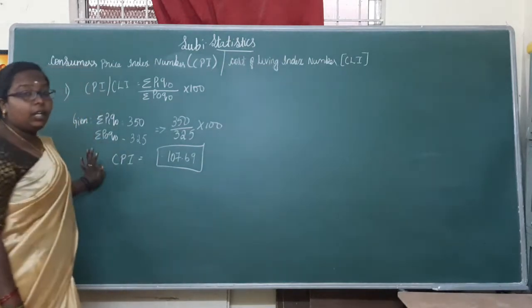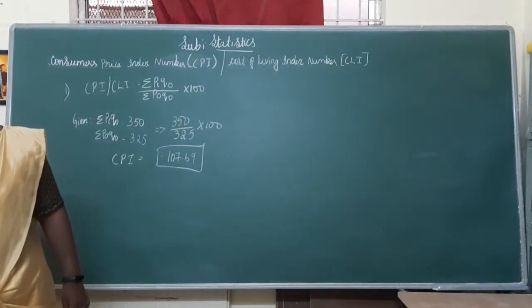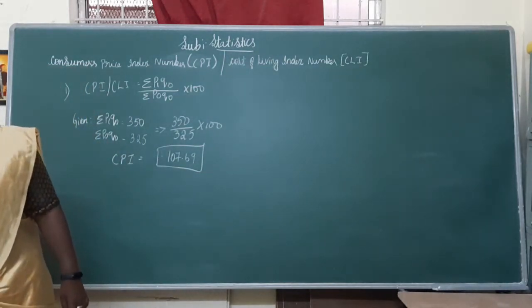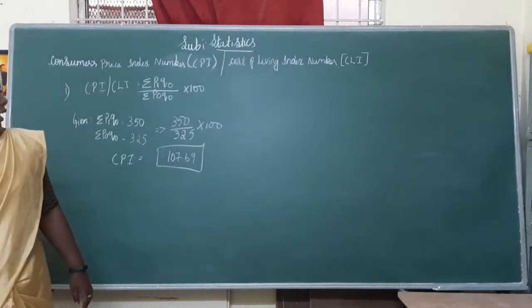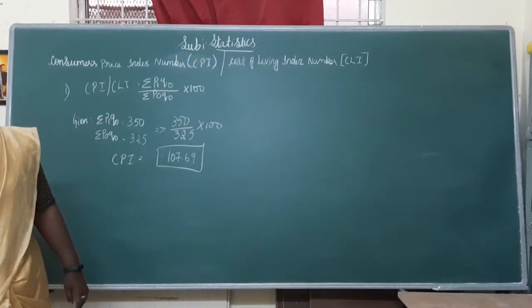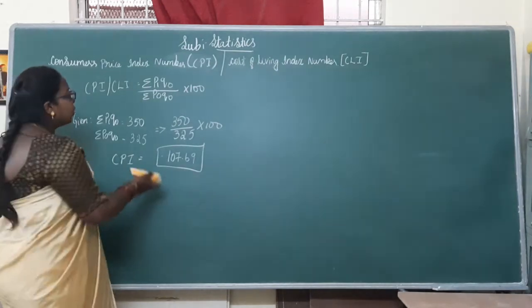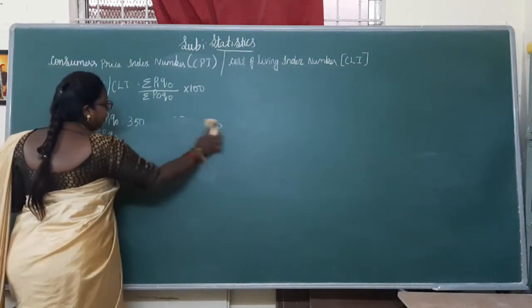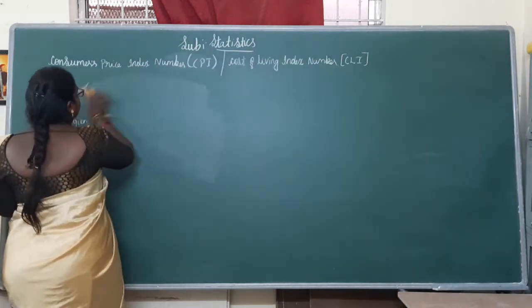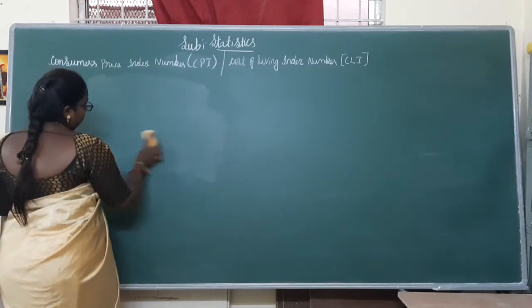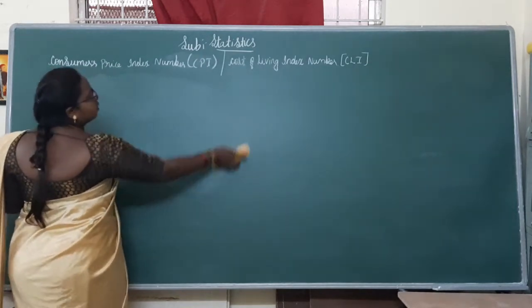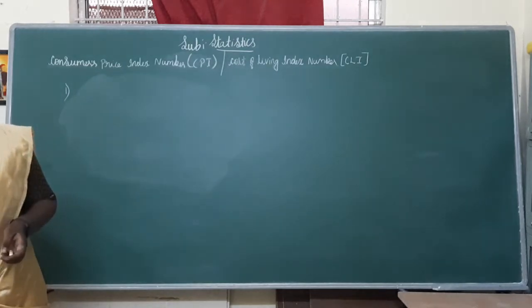This is the direct question which they have given. So we will substitute the formula and we will do this. Next, moving on to your second problem. It's very simple. Notes I will give you people. So moving on to the second problem.